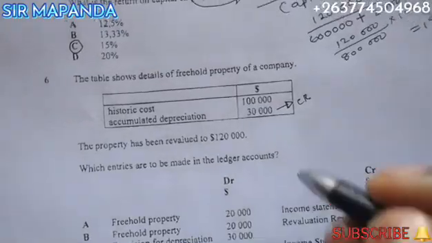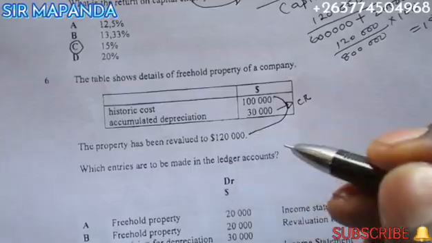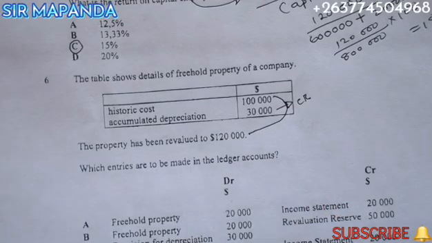After that, you compare the historical cost of the asset with the revalued amount. If the revalued amount is above the cost of the asset, you debit the property. But if the revalued amount is below the historical cost, you credit the property by the difference between the cost and the revalued amount.